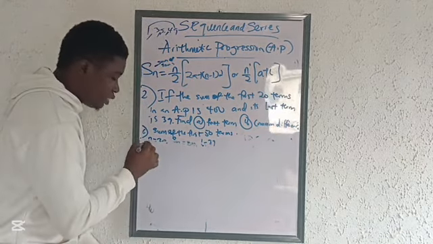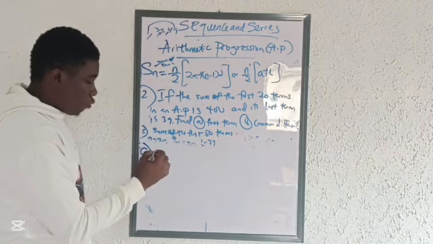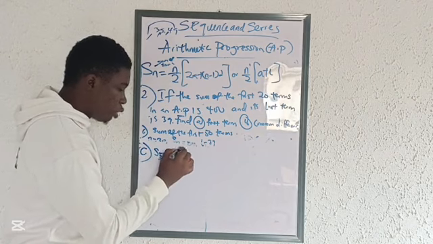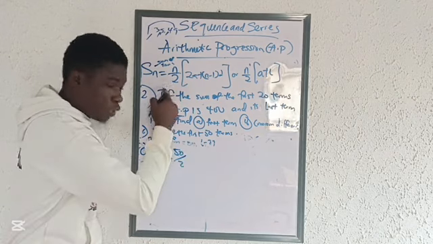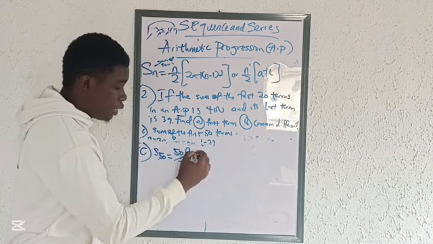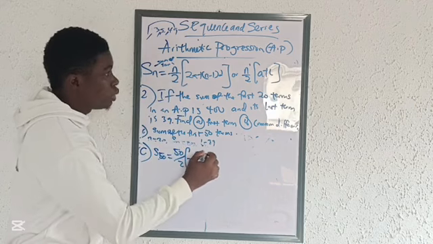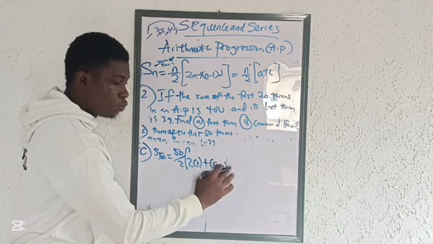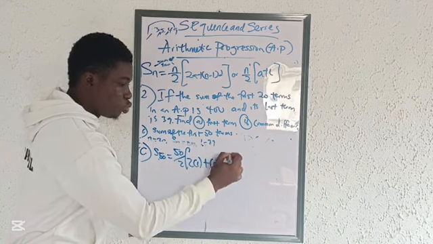So for the C, we have S50 equals 50 over 2, n over 2, into bracket 2 times A, our A is 1, plus 50 minus 1, and we know that our common difference, we've gotten it in B, was 2.